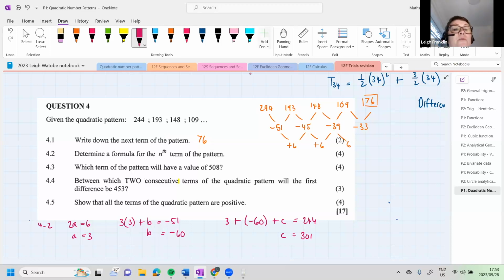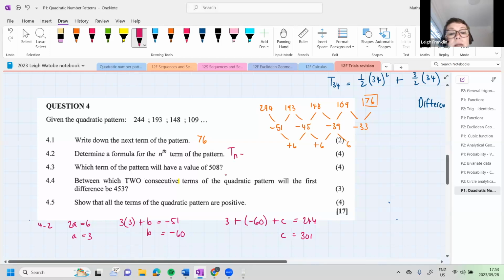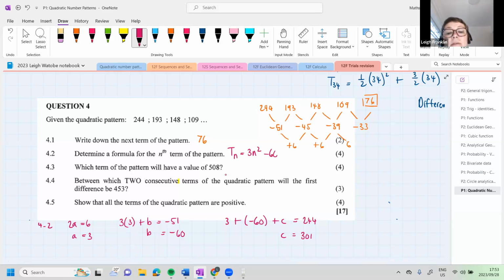Okay, so if you do get some really big numbers, it doesn't mean that you are necessarily wrong in this case. Yes, lovely. There we go. So our nth term is Tn equals 3n squared minus 60n plus 301.